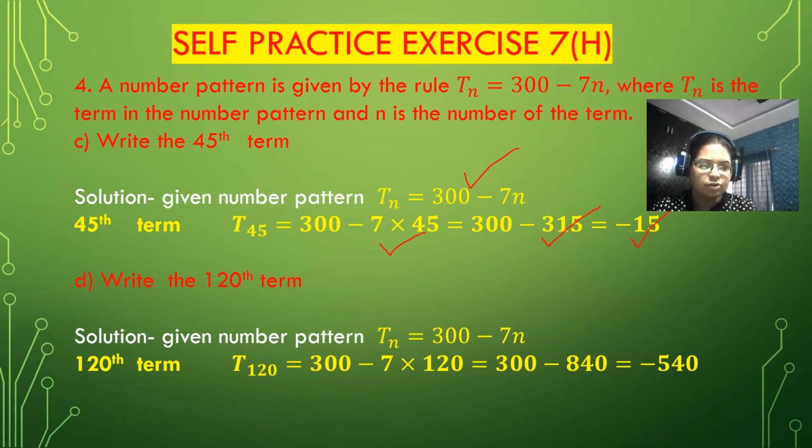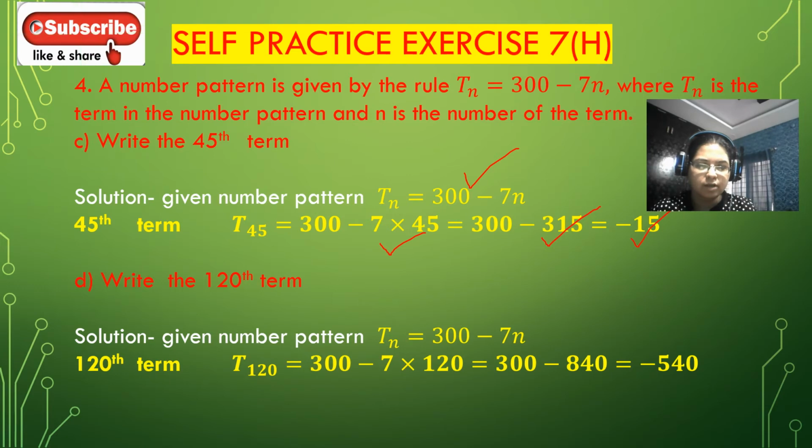D. Write the 120th term. We have been given the number pattern Tn equal to 300 minus 7n, and we have to find the 120th term of the number pattern. We have to put the value of n as 120.